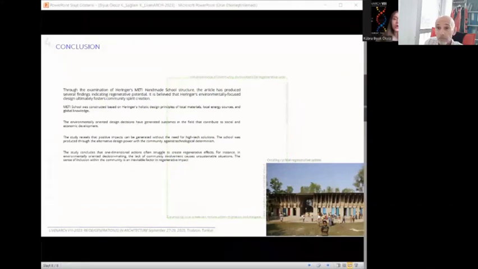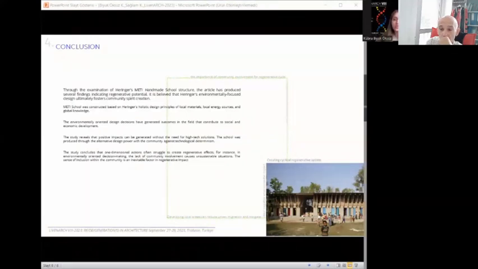This approach also highlights the power of community-driven design over technological determinism. And we emphasize that one-dimensional actions often fail in creating regenerative effects. Regenerative potential in architectural work relies on environmentally conscious decisions adopted and preserved by the community. So community involvement is crucial.